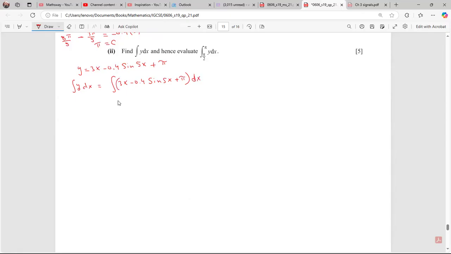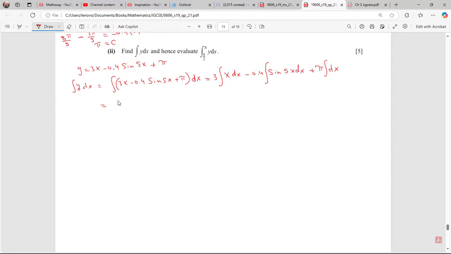Okay, so if I split it, it is going to be 3 integral x dx minus 0.4 integral sine 5x dx and plus pi integral dx.